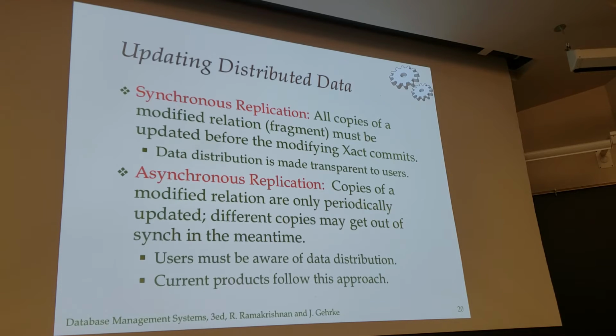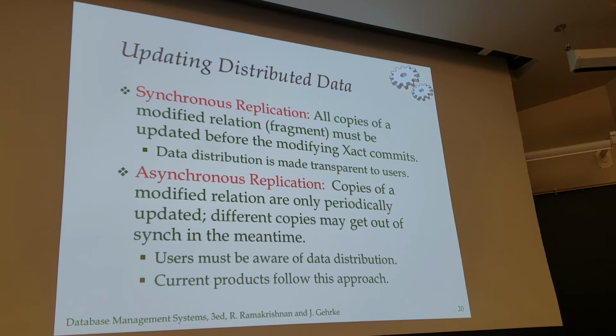Because if I'm reading a site that doesn't have the latest copy, there can only be 2 sites that don't have the latest copy since I read 3. So because I'm writing 3 and I'm reading 3, I will always be able to get the latest copy when I read. I could also play this game with, let's say, R equals 2 and W equals 4.